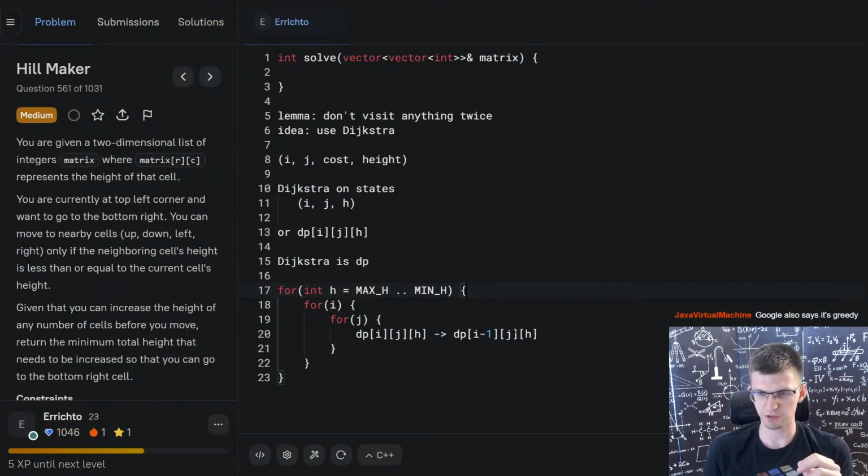So this is possible only if this left cell is not higher than this, and then the cost is by how much I need to raise it to be here. So it's easy to say what's exactly this line.